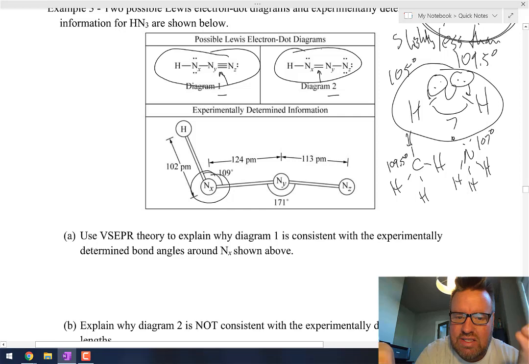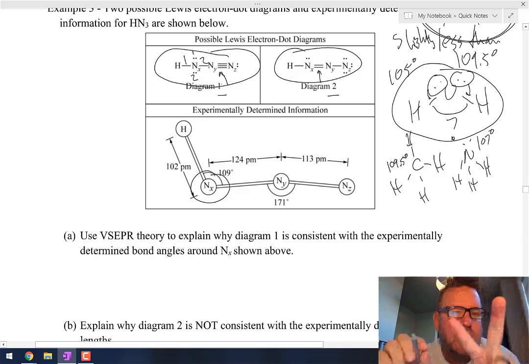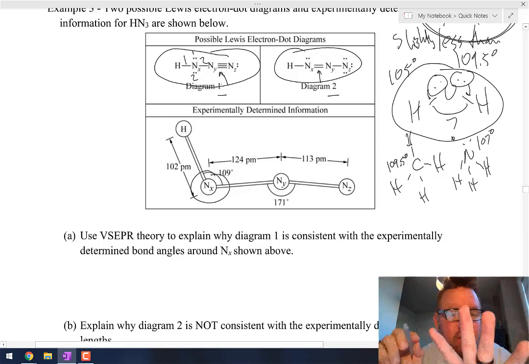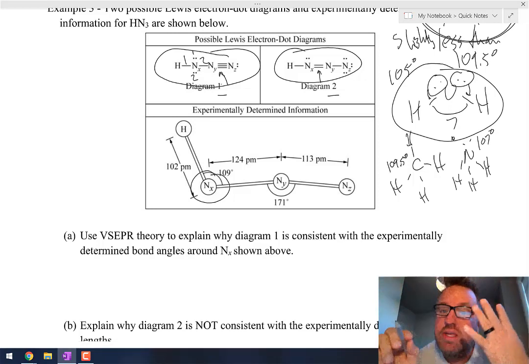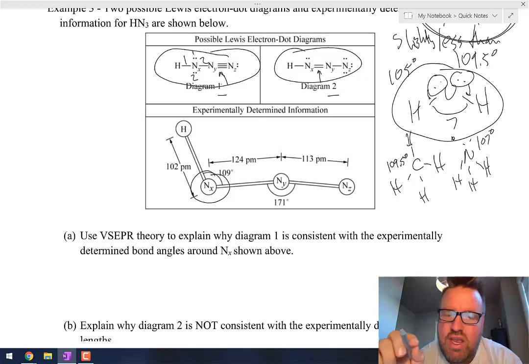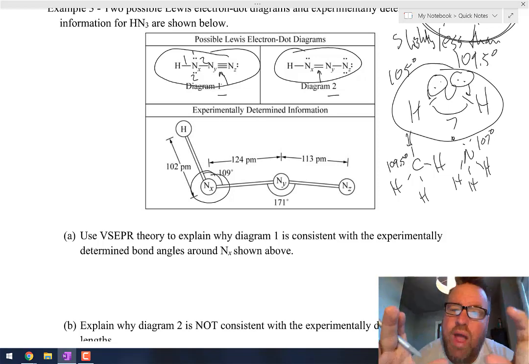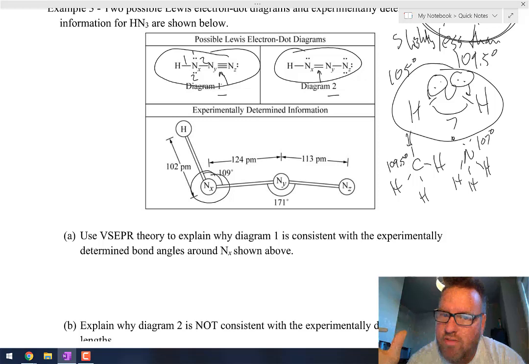Well, let's think about what we just talked about with bond angles. In diagram 1, we've got two bonds and two lone pairs. That's 4 all total. And 4 is a tetrahedral, and a tetrahedral has a bond angle around 109.5.